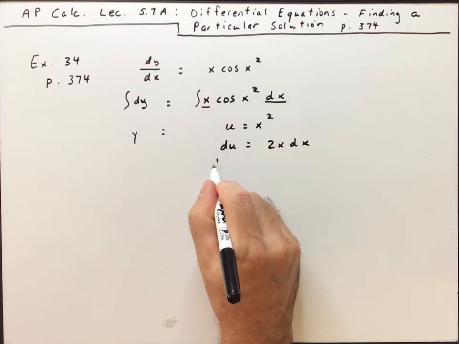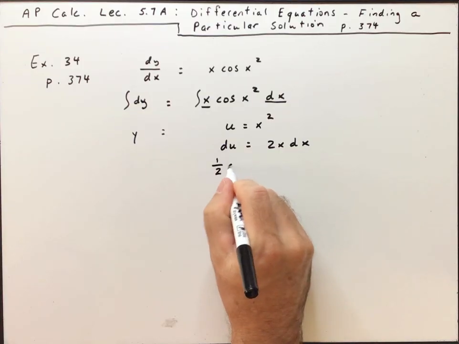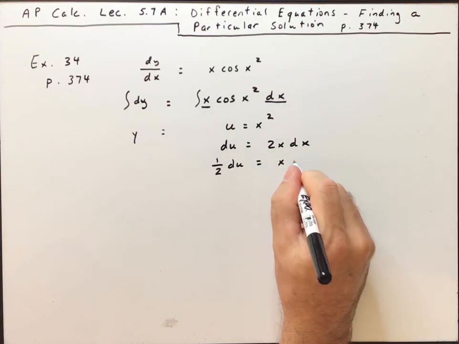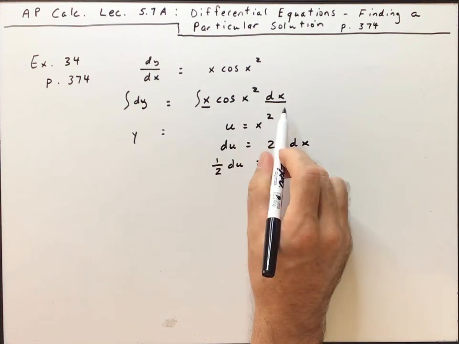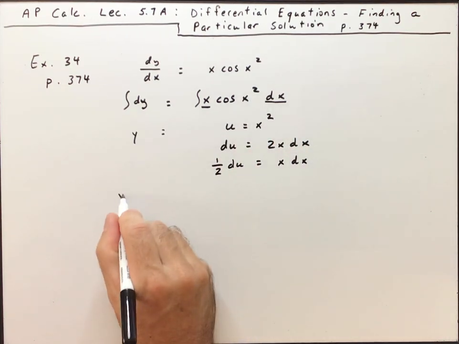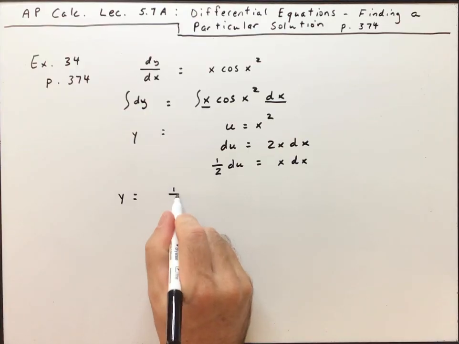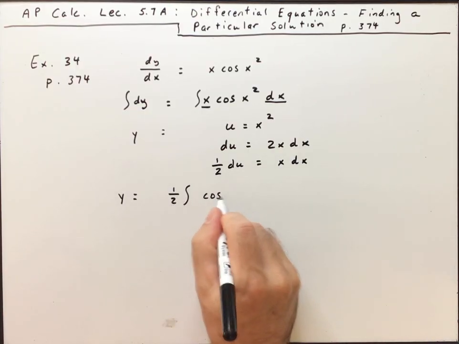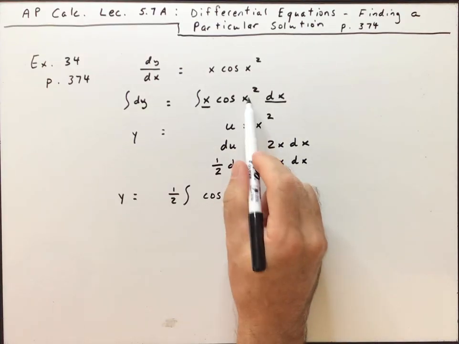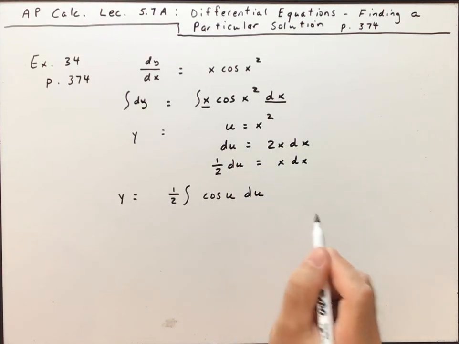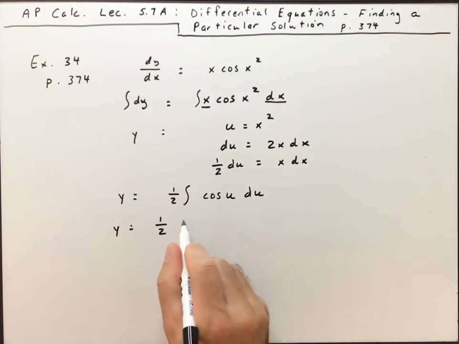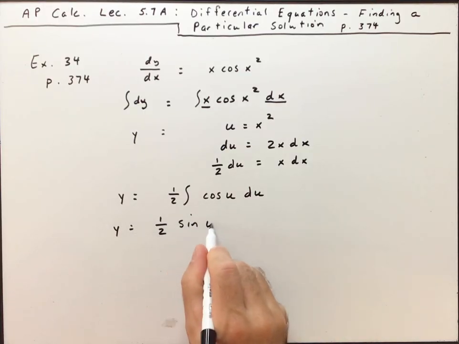So if we divide both sides by 2, we'd have 1/2 du is equal to x dx, which is exactly what we need. So we can rewrite this as 1/2 out front, and you'd have cosine u times du. So the antiderivative of cosine u is just sine u.